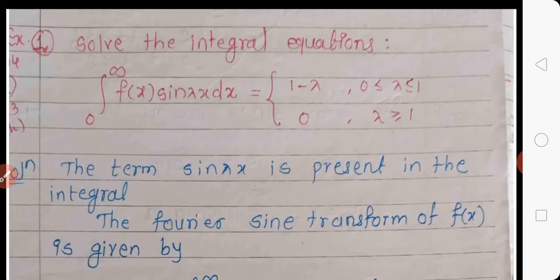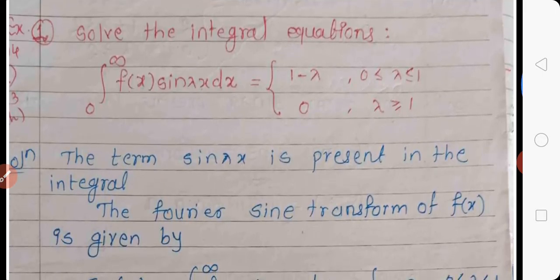Solve the integral equation: integration from 0 to infinity of f of x sin lambda x dx is equal to 1 minus lambda if lambda is between 0 and 1, and the value is 0 if lambda is greater than or equal to 1.